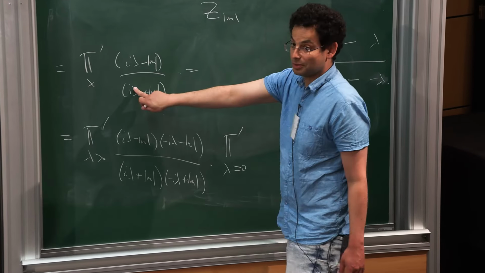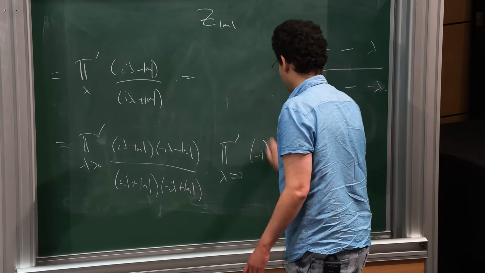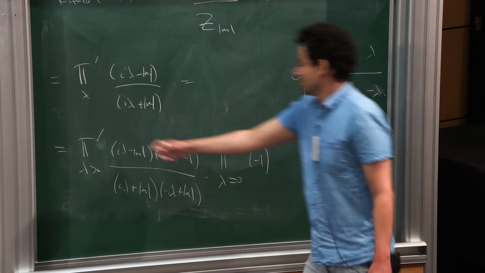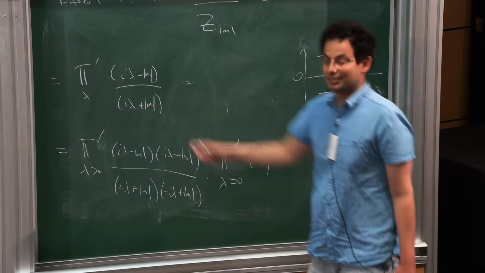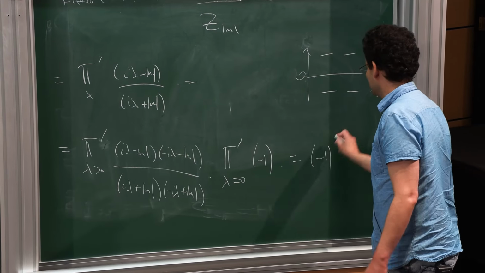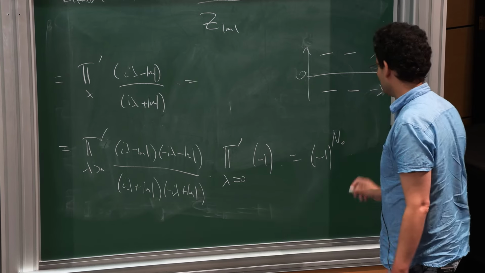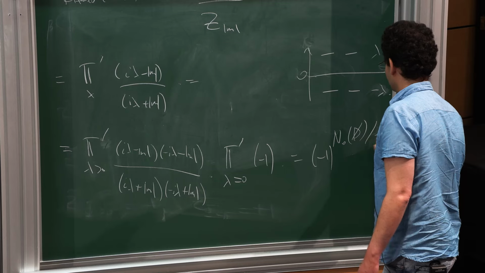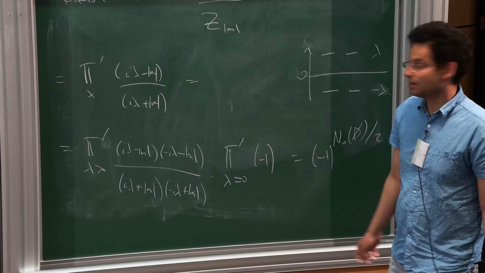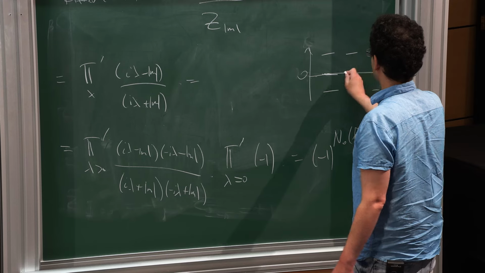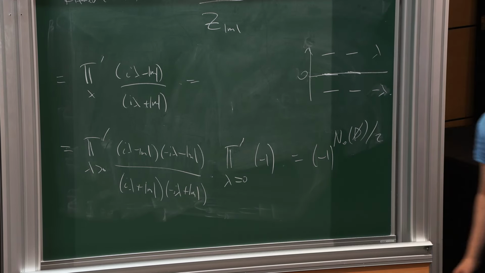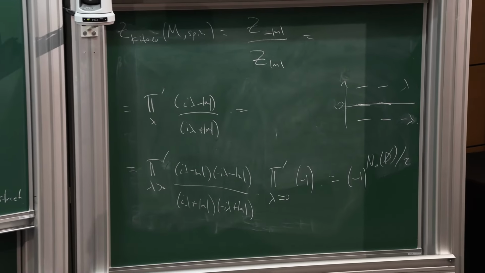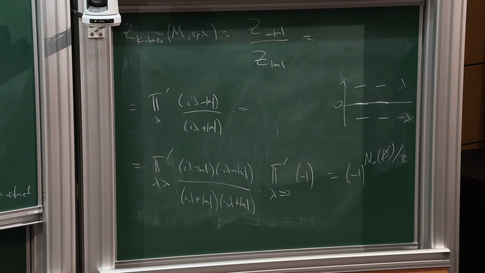And when lambda is equal to 0, this is just minus 1. But this term is 1. So I just end up with minus 1 to the number of 0 modes of d slash divided by 2. Divided by 2 because of this prime, and so the 0 eigenvalues also come in pairs. Okay, so that's a very simple expression for the partition function of the Kitaev chain.